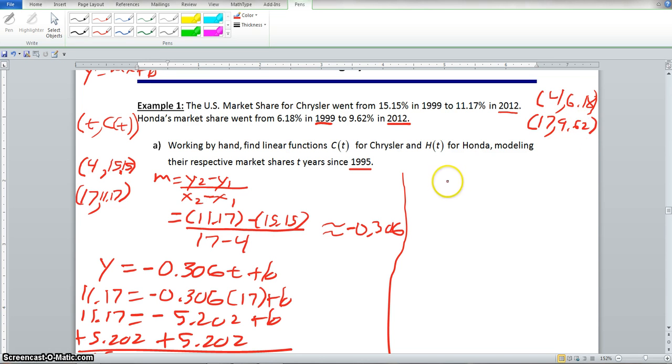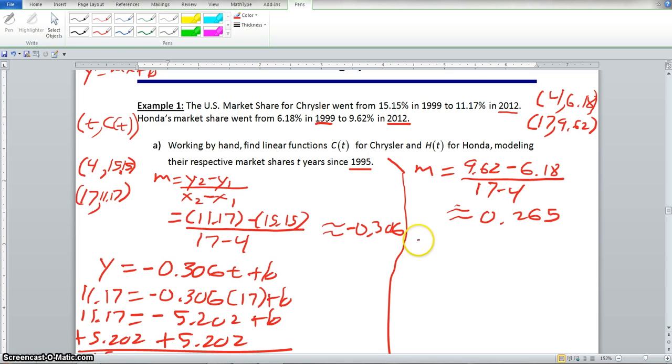Okay, so now we will put in the slope equation, but I don't need to write this equation again. You see it over here, so it'll be 9.62 minus 6.18 all over 17 minus 4. After you subtract this, this will give you approximately 0.265.